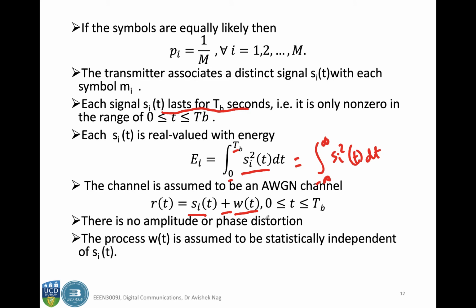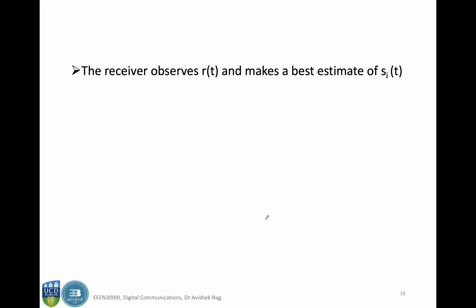And the random process w(t) is assumed to be statistically independent of s_i(t). So s_i(t) is your signal and the noise is w(t), and both of them are statistically independent of each other. So then the receiver observes the received signal r(t) and tries to make a best estimate of s_i(t), of what has been sent.